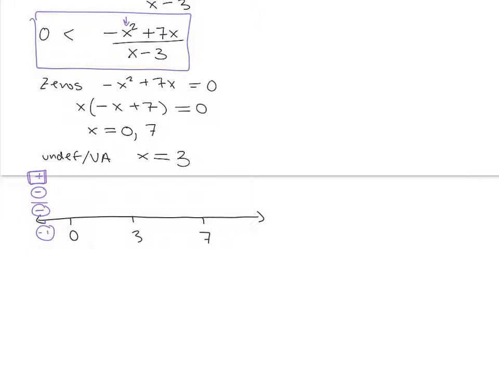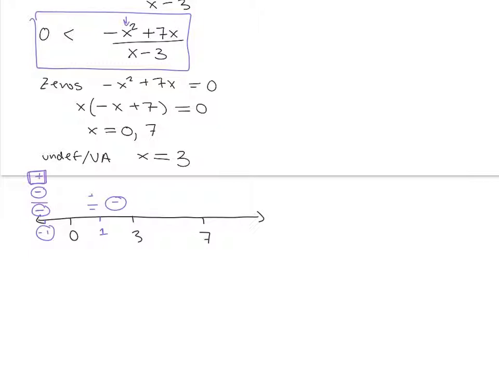Okay, let's plug in, how about 1? If you plug in 1, what sign is the denominator? Negative. How about the numerator? Positive. Yep, I buy that. So overall, your expression is negative.